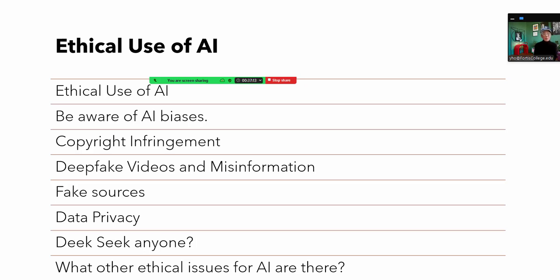At this point, I ask the other people in the room, what other ethical issues for AI are there? Everybody would have their own ethical AI story. I remember one person talked about how AI was always biased towards a certain group of people, usually males, and why males are the only business people portrayed in AI generated pictures.